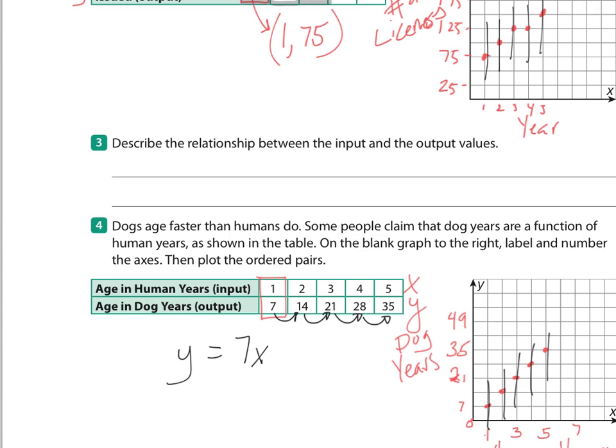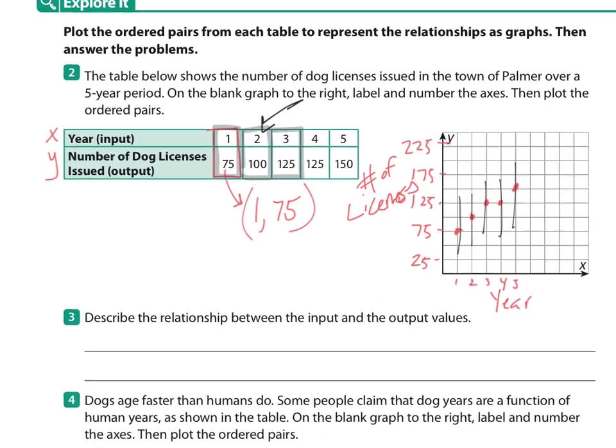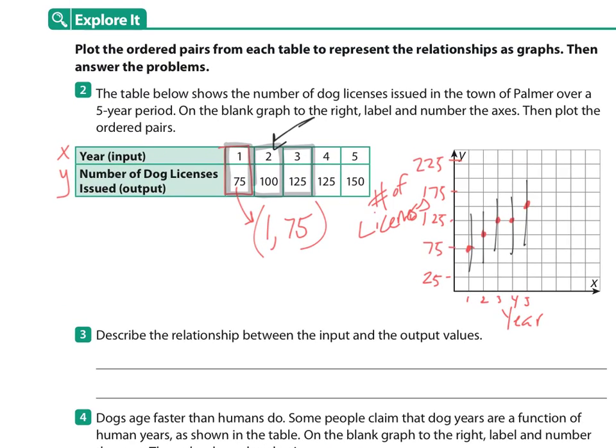If I took the output and divided it by the input, 7 divided by 1, that's 7. 14 divided by 2, 7. 21 divided by 3, 7. That's where that 7 comes from. But if we look back up here, as I struggle to navigate, 75 divided by 1 would be 75, but 100 divided by 2 would be 50. Right? 125 divided by 3. Okay, we're not getting the same number.